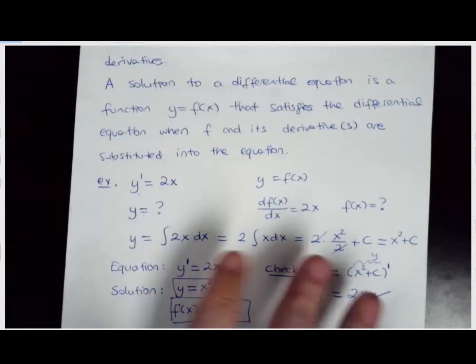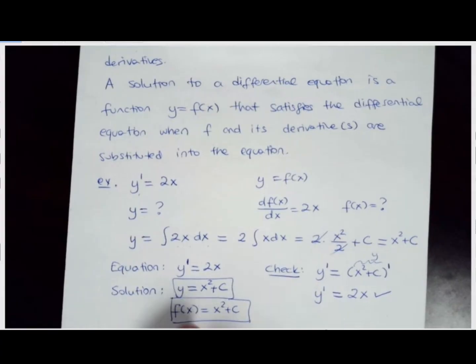This is a simple differential equation, and we just found a solution. By the way, the solution is a function, but as c changes, this function will change. So it could be x squared plus 1, x squared minus 5, x squared plus 3.